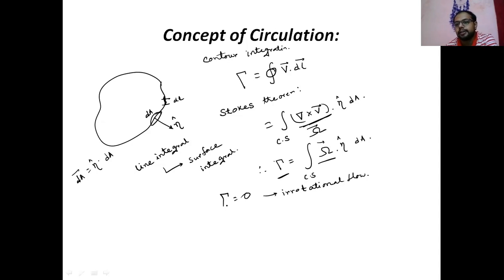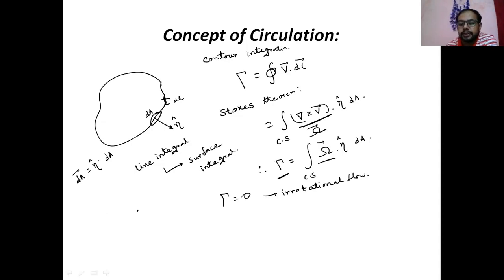So it is better to write circulation as the line or contour integral of v dot dl. It senses the rotationality: the vorticity vector multiplied by the area, so you are considering the area also.